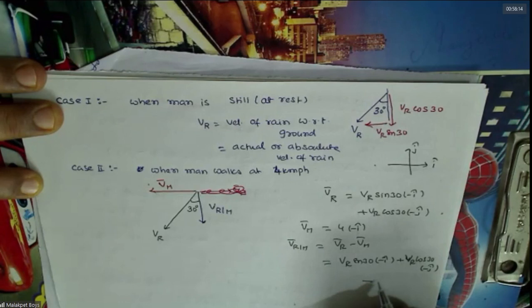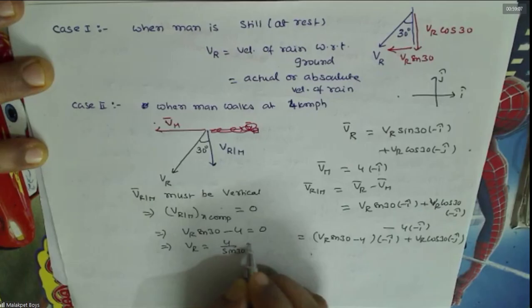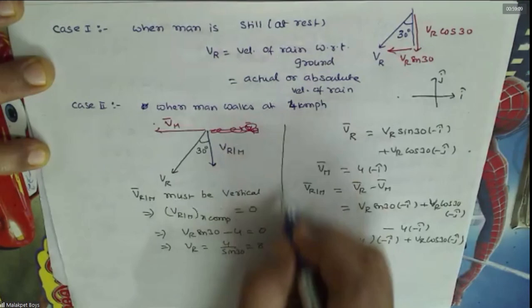That means what is VRM? You're getting 8 or not? Very good. Till here you followed? Note on this. Then he is tripling his speed. Next part. First note on this.